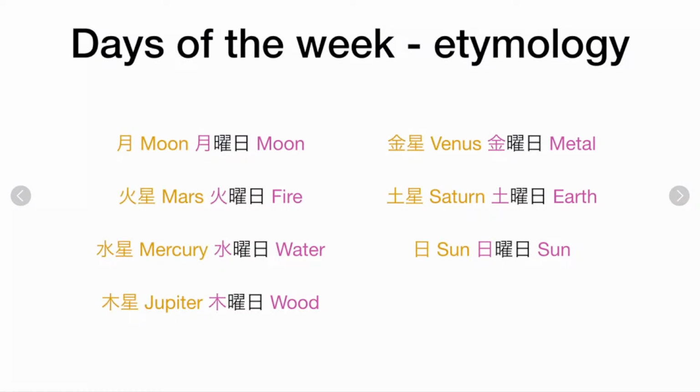All right, so getting back to the days of the week, right? The etymology behind them. So the moon, this is the kanji for the moon. Okay, it's tsuki or getsu. This also, you'll notice, is month. When we talked about which month, it was the same kanji.